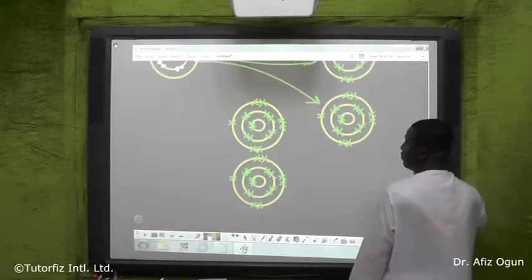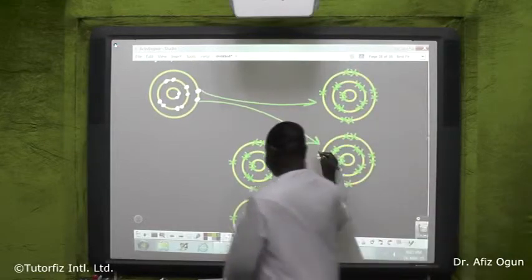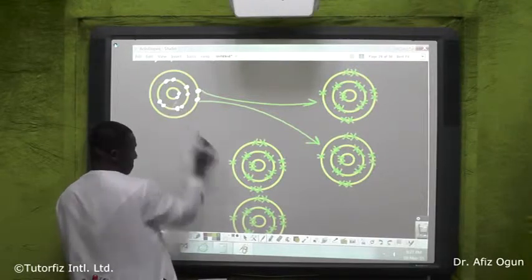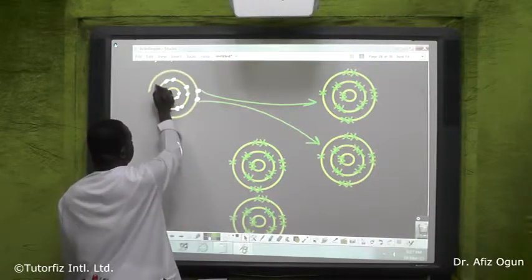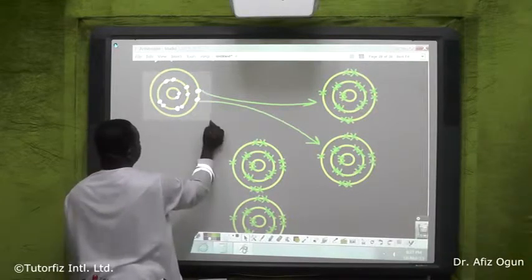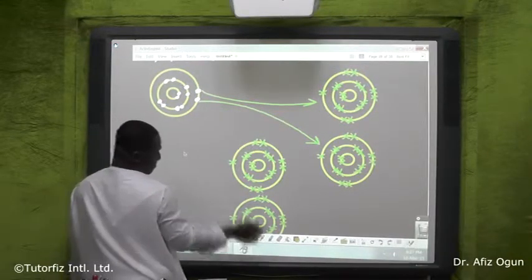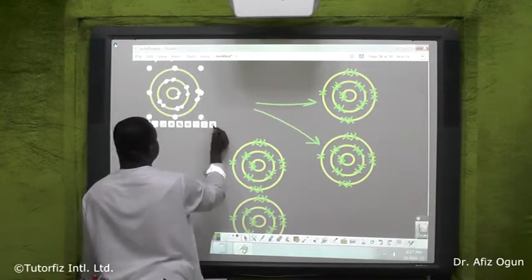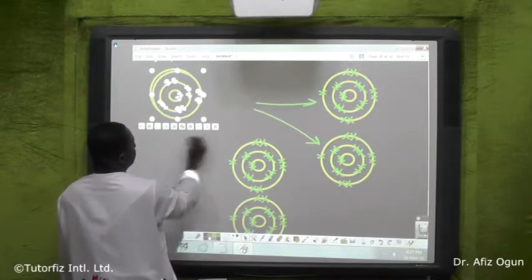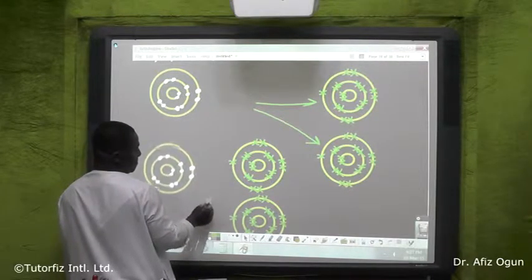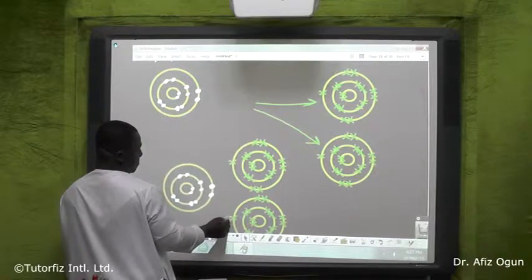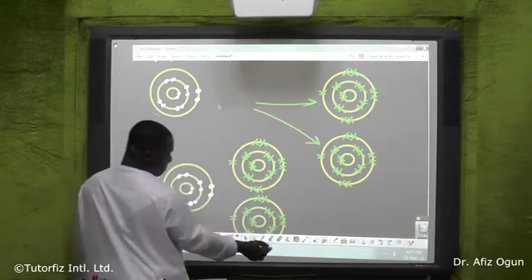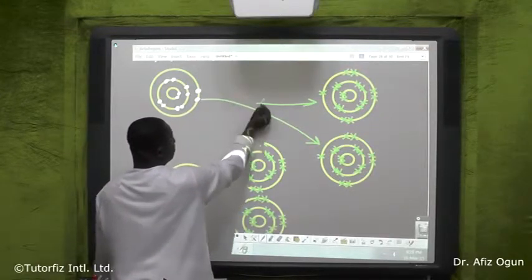The next step is what you are going to draw in an exam.